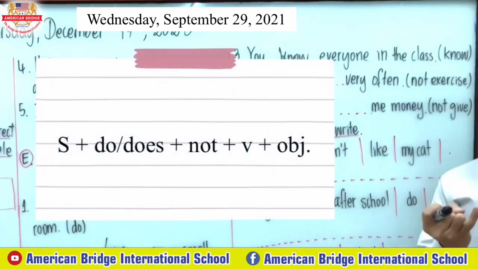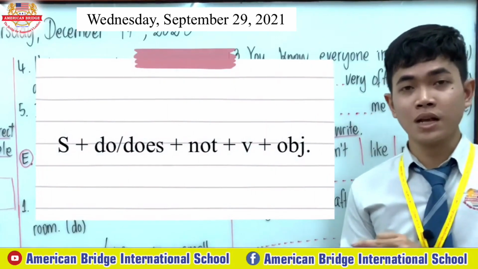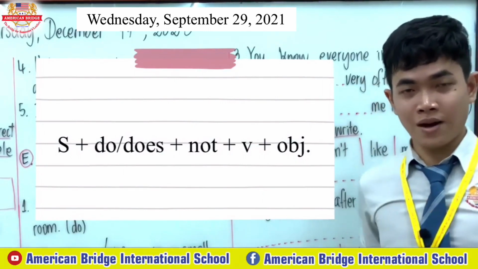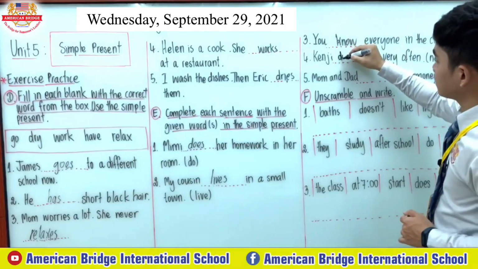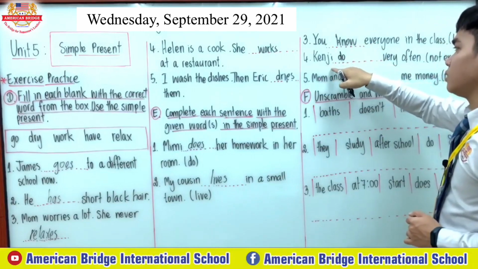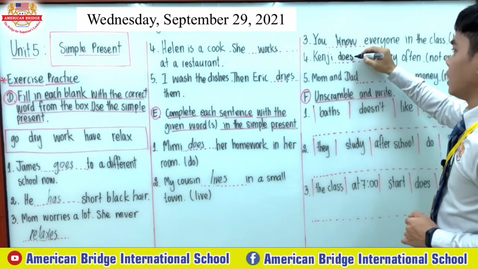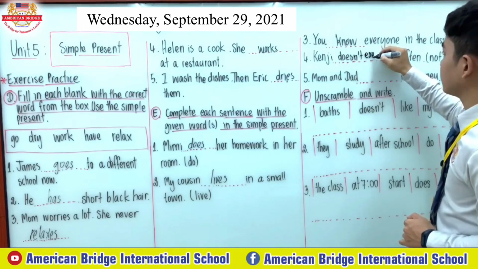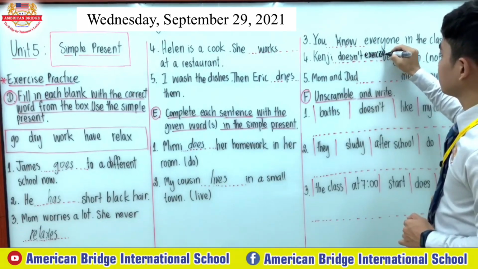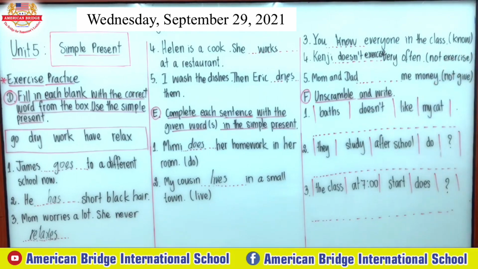Okay, so we have subject plus do or does plus not plus verb and plus object, right? Okay, very good. Kanji. So as Kanji is the third person singular subject, you need to use it with does, right? Does not, or doesn't exercise. Yeah, see everyone? Doesn't exercise very often.